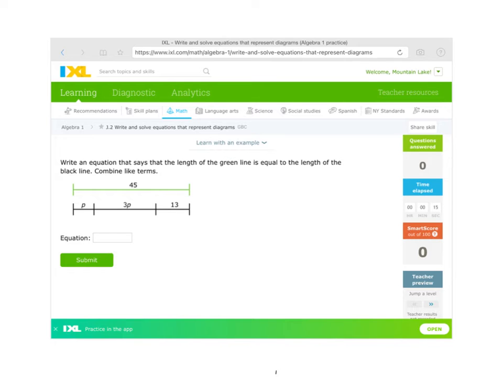So what's the black line made up of? P, 3P, and 13. So let's add all these. And now it's equal to 45. So what does your equation simplify to? Now you can combine like terms as they're saying. So let's combine these two. So we get 4P plus 13 is equal to 45. Let's plug that in.